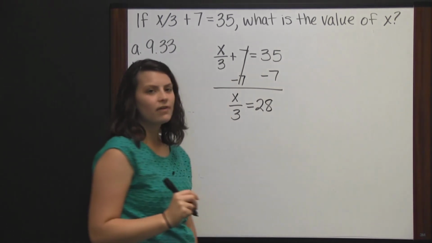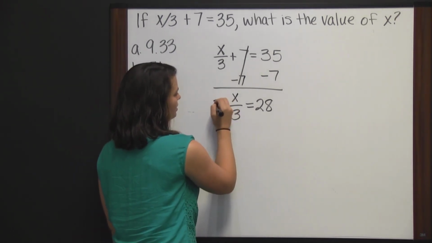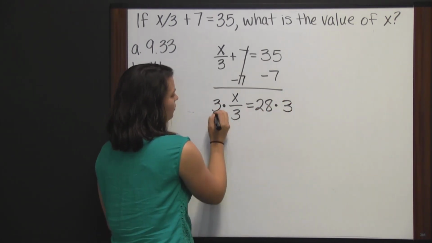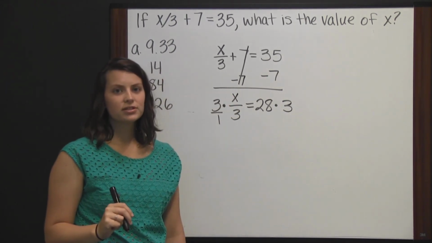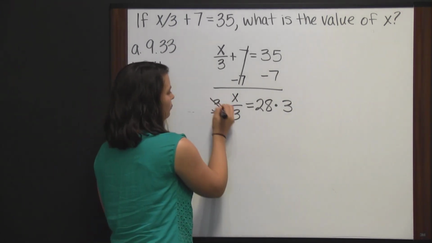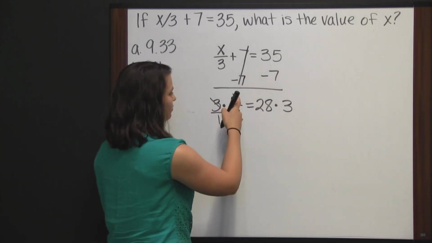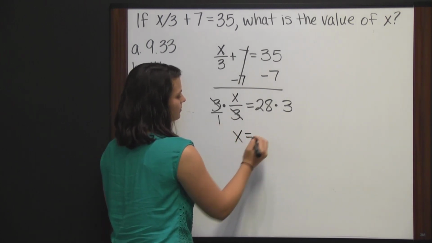The opposite of dividing by 3 is multiplying by 3. So now we need to multiply both sides by 3. If you put this 3 over 1, now you're multiplying two fractions together, and the numerator and this denominator cross cancel, and you're simply left with x divided by 1, which is just x.